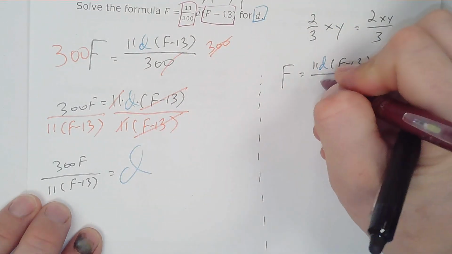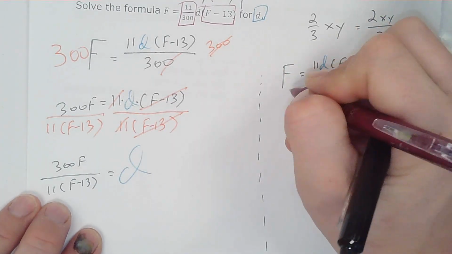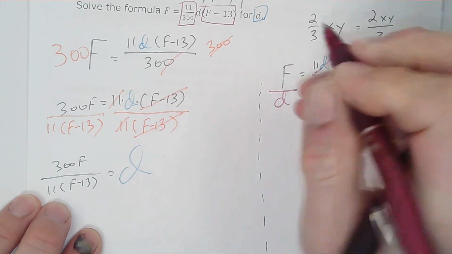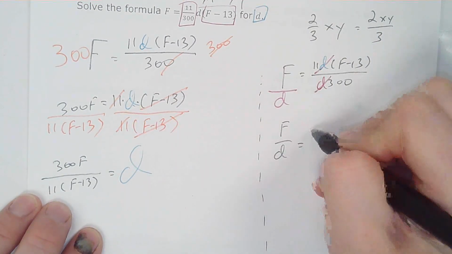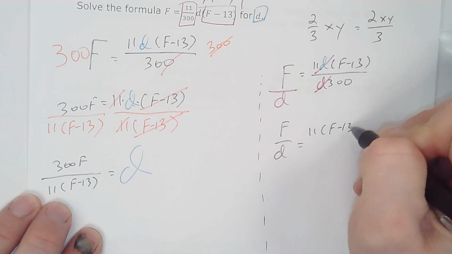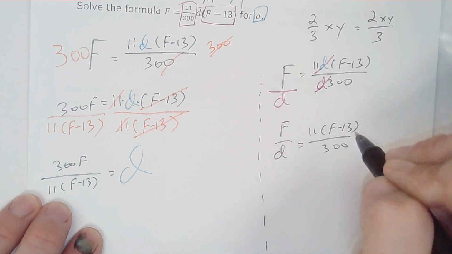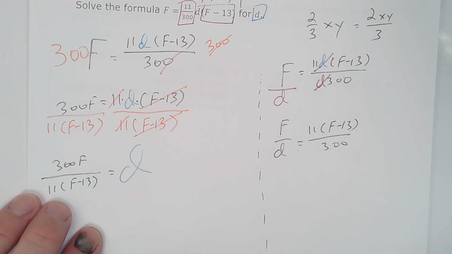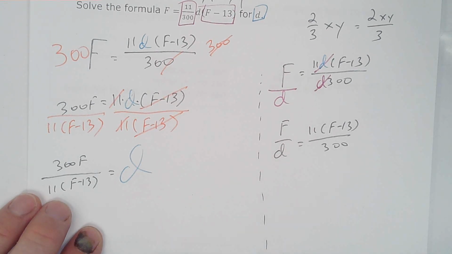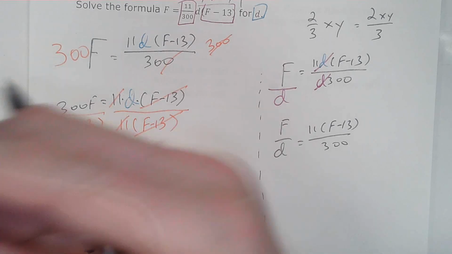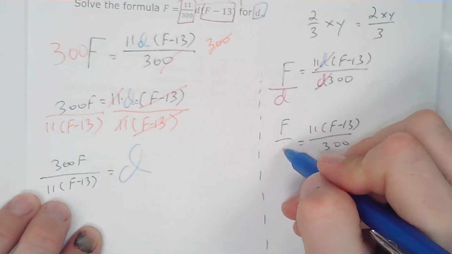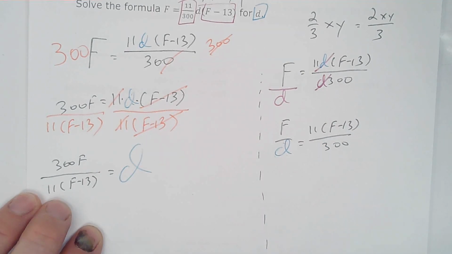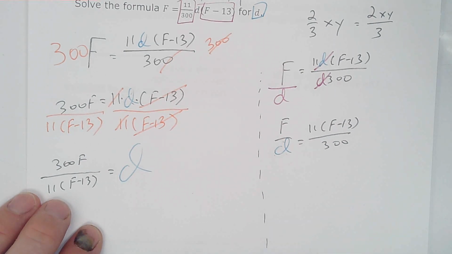So if I divide D and I divide D, I end up with F divided by D equals 11 times the quantity of F minus 13 over 300. Okay? Now, little different situation. What I'm trying to solve for is on the denominator over here. Right? So how do I get rid of this F?